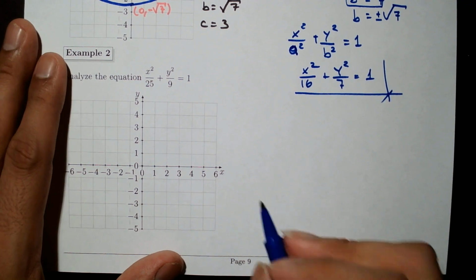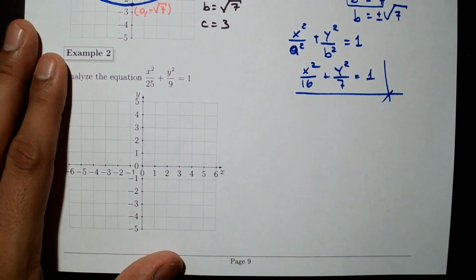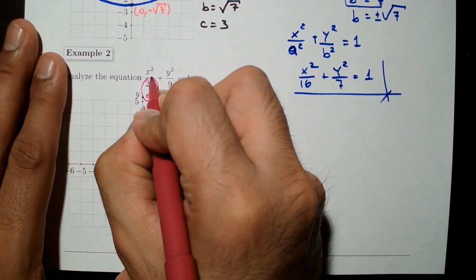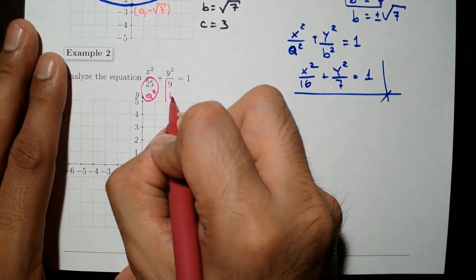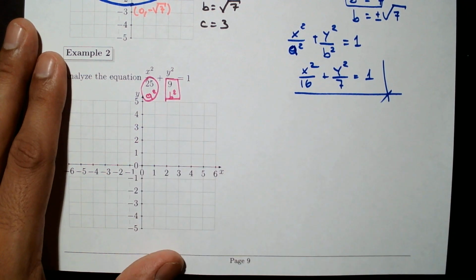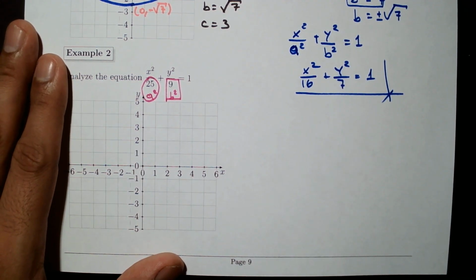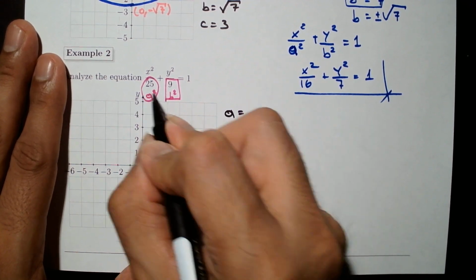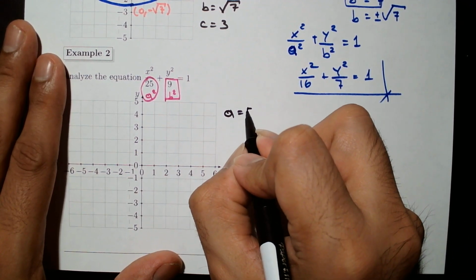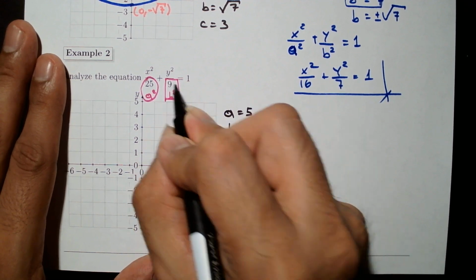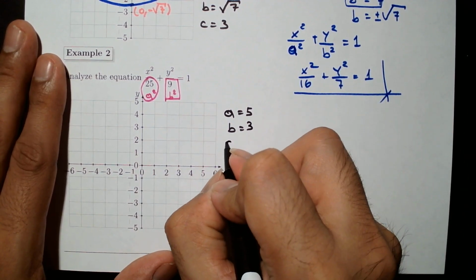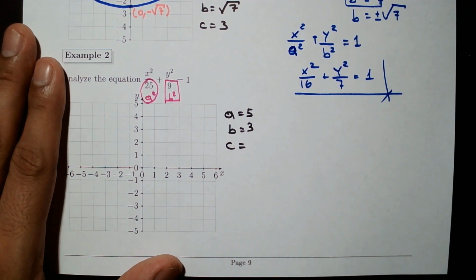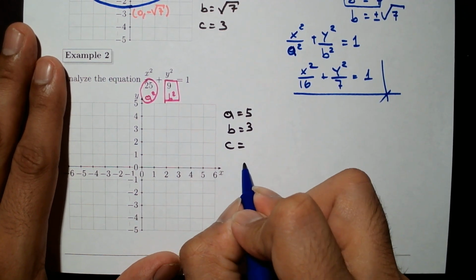So let's see. In this case, this is going to be our a squared, and this is going to be our b squared. From here, we are going to get that a will be the square root of this number, which is 5. B equals the square root of 9, which is 3. C, well, we don't know. Let's find out using the formula to find the focal distance.